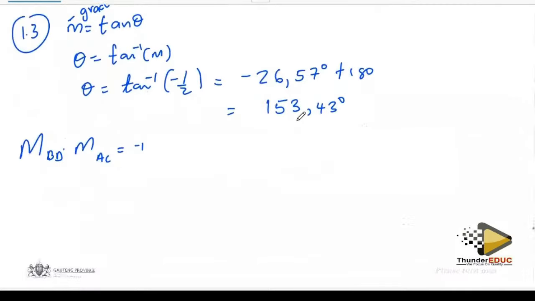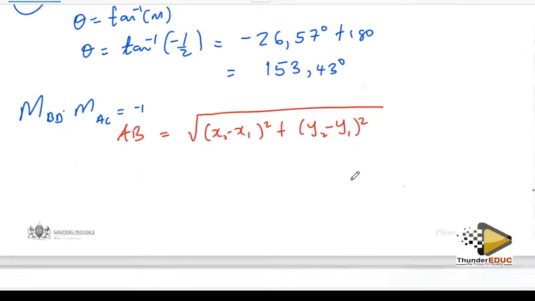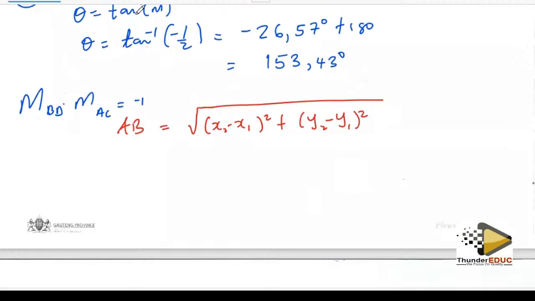So I'll start by determining the distance AB. From my distance formula, I know that it's x2 minus x1 squared plus y2 minus y1 squared. I know it's going to be lengthy, but I'll have to do it.